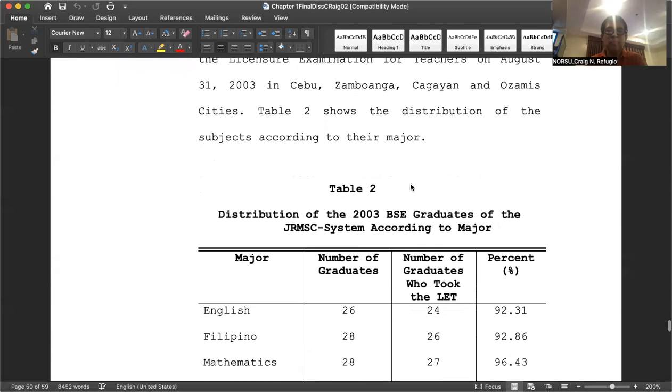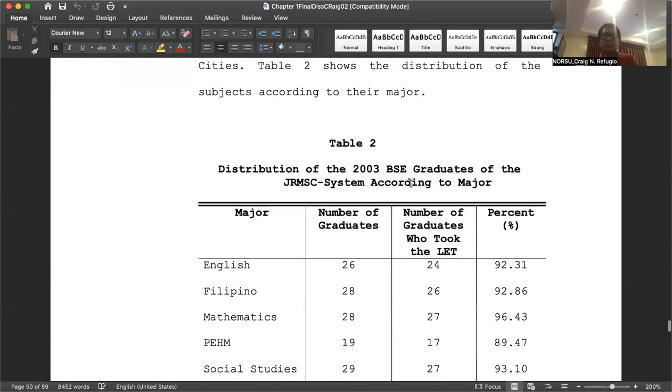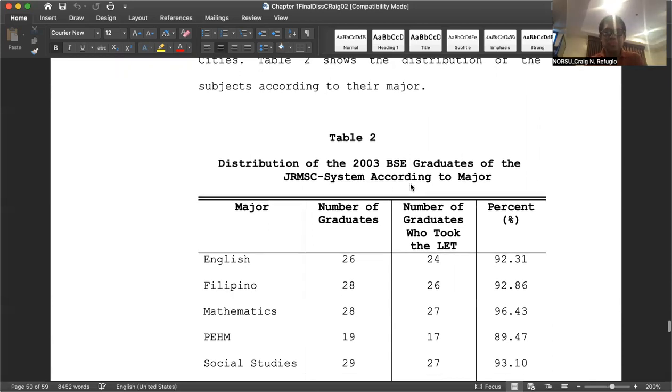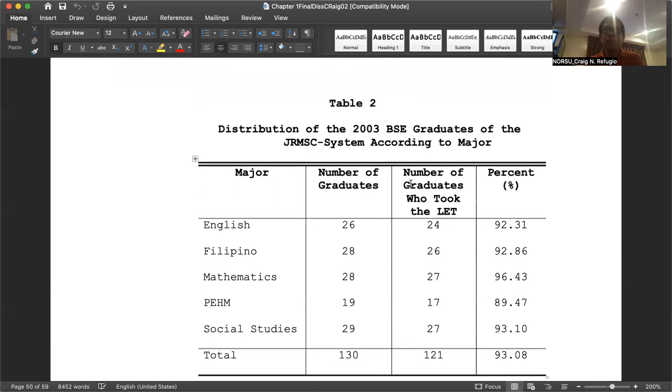So table 2, distribution of the 2003 BSA graduates of the JRMSC system according to major. So the first column is major, second column number of graduates, third column number of graduates who took the LET, then the last column is the percent.